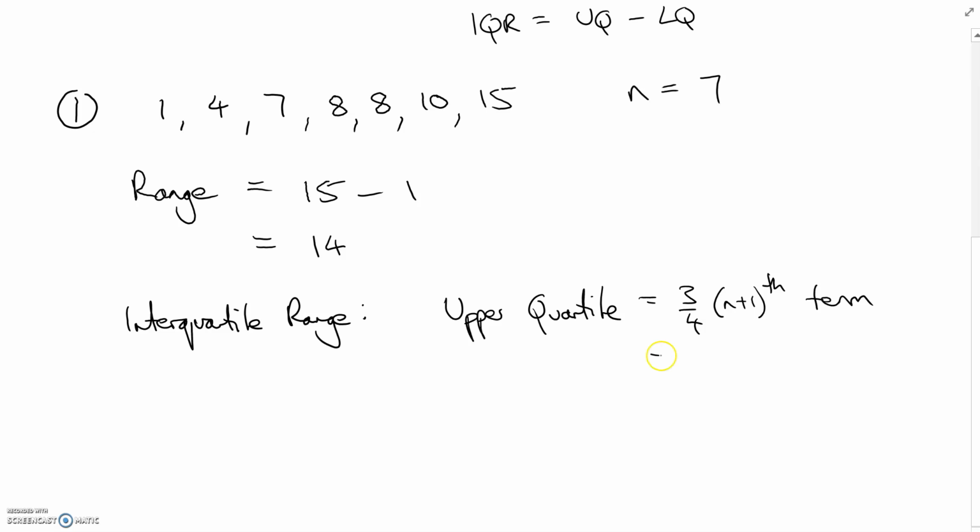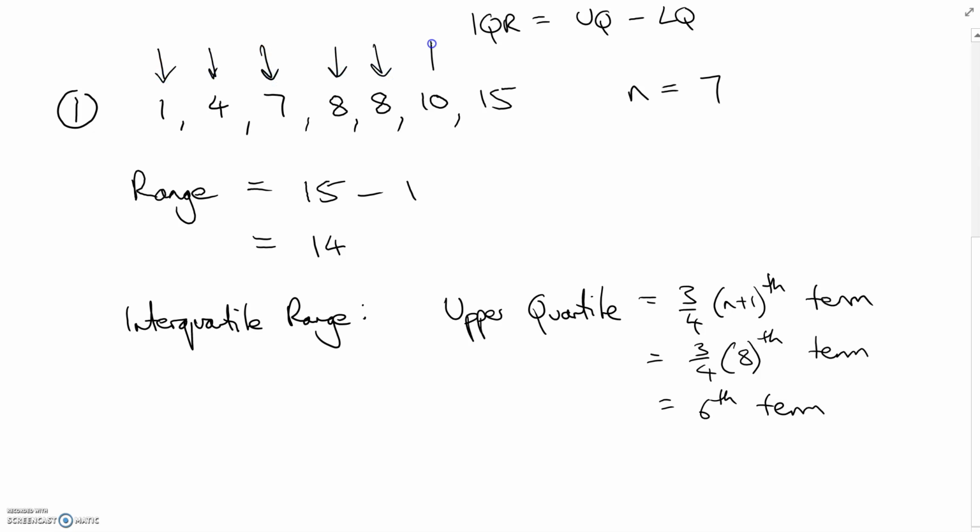So we're looking for 3/4 of the 8th term. 3/4 of 8 is 6. You can quarter it as 2 and then times by 3. So we want the 6th term. So the upper quartile is the 6th number into the list. So we go 1, 2, 3, 4, 5, 6. So the 10 is the upper quartile.